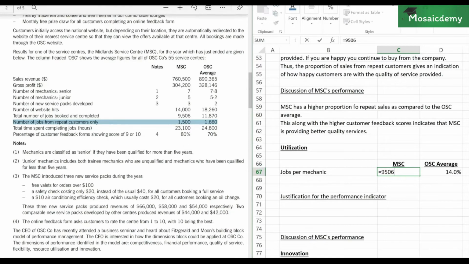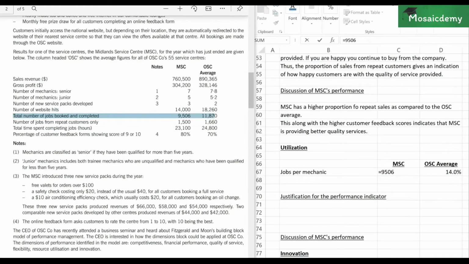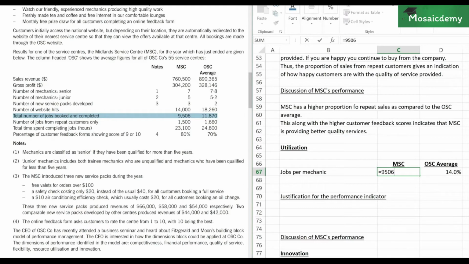Be careful, the 1,500 is, remember, just from repeat customers. The total is 9,506, and how many mechanics do they have? They have 7 senior and 5 junior mechanics. 7 plus 5. Let's just change the format here, so it shouldn't be in a percentage.